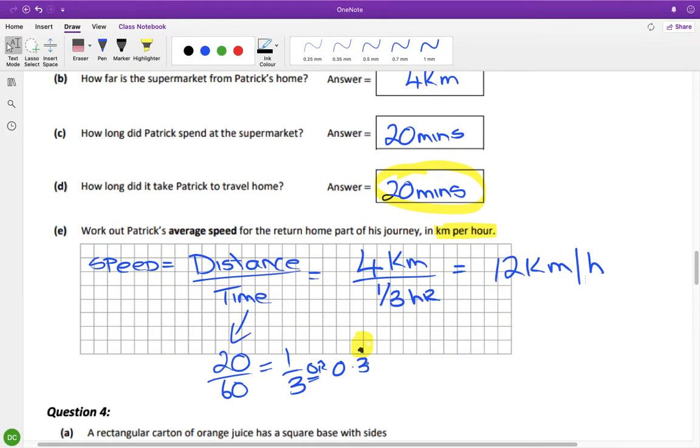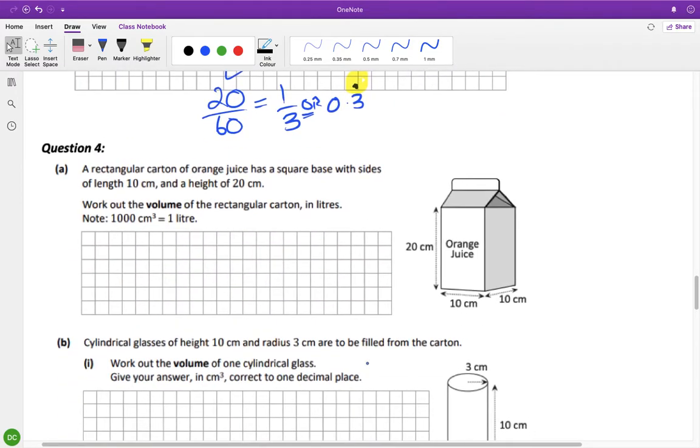All right. And question 4. A rectangular carton of orange juice has a square base with sides of length 10 centimeters and a height of 20 centimeters. Work out the volume. So the volume is length by width by height. Length is 10, width is 10, height is 20.